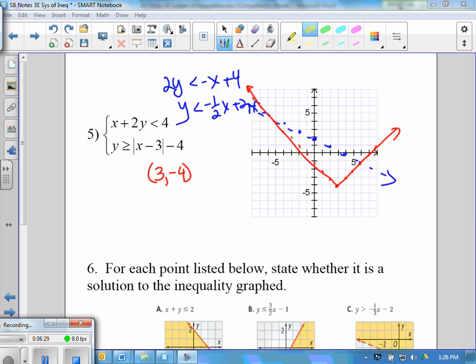Since we have to stay below the blue line and above the red absolute value graph, that's going to put us in this little region right here. But be careful about always assuming that it's going to be the nice, pretty contained region. Sometimes we may change an inequality on you, and you have to really think about where to graph.